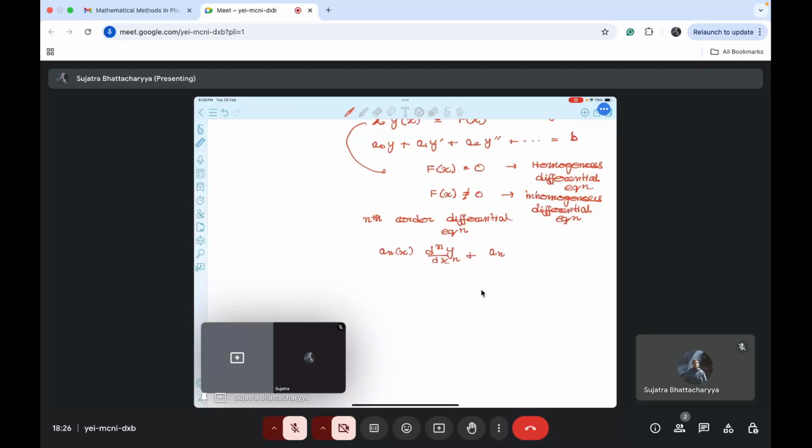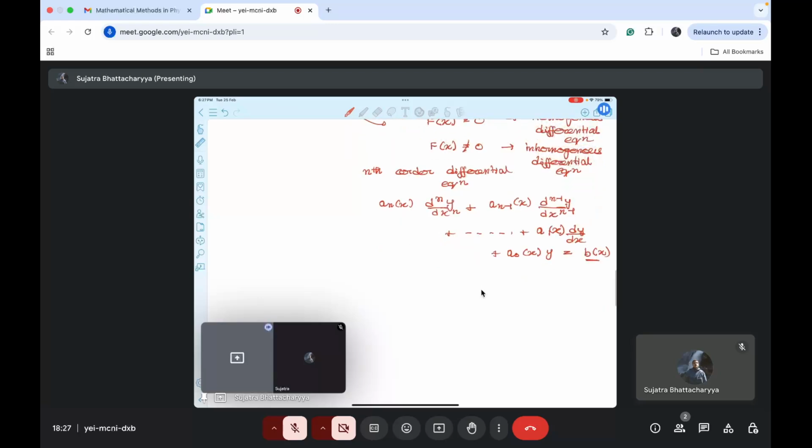Then a(n-1) of x d^(n-1) y/dx^(n-1), and so on it will go. And finally, you end up with a1 of x dy/dx plus a0 of x y, that is equal to b of x. This b of x is the forcing term. If it is becoming 0, then you will find that it will be a homogeneous differential equation. Fine. So these are a couple of things.